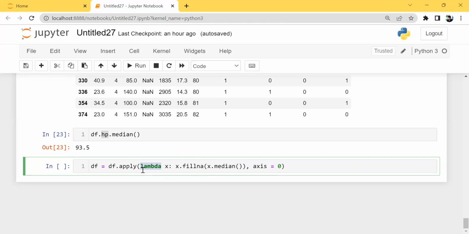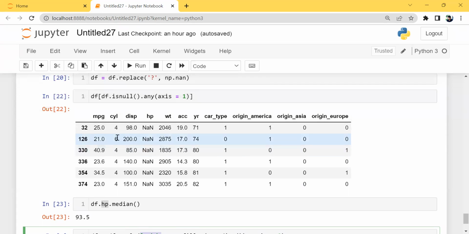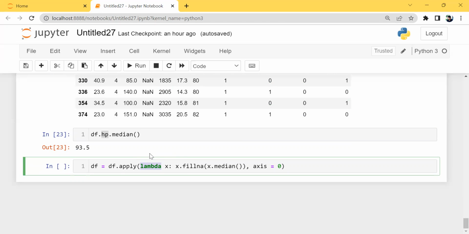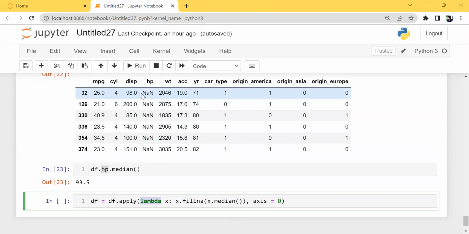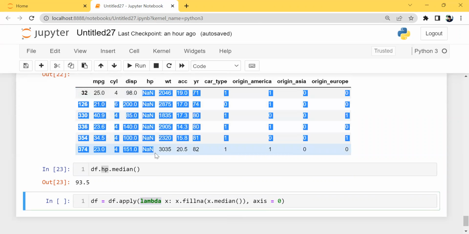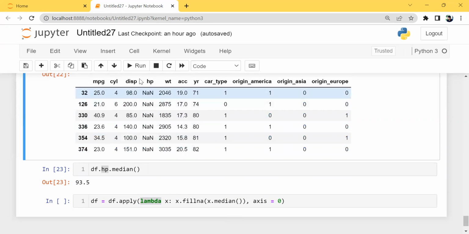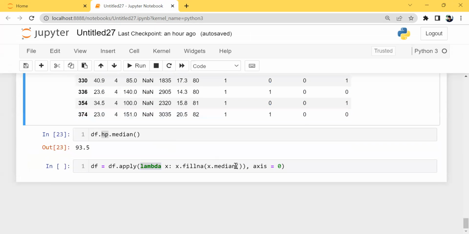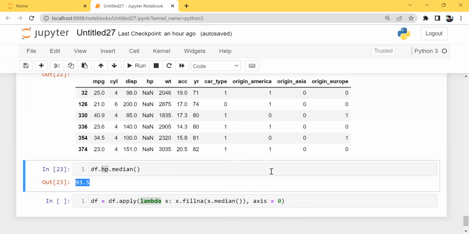When you say that, it will go to our data set and check whether any null values are there or not. See here, these are all the null values in our data set. For these null values, it will replace them with this particular median, that is 93.5. And I am passing it here axis equal to 0. Why? Because these are all the rows, right? These are not the columns. These are just the rows here.